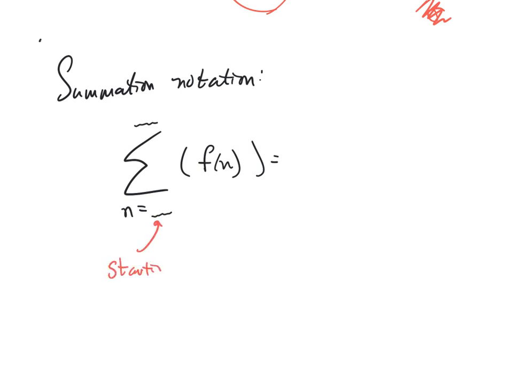That is our starting value. Then we'll have a number on the top. That's our last value. And then what we'll have right here is the equation or the formula for a sequence. So we start with a sequence. The sigma tells us to add.